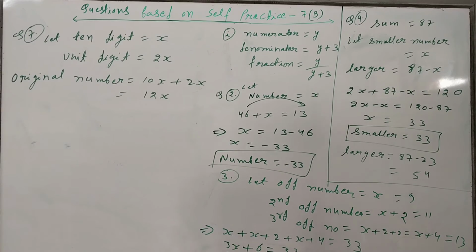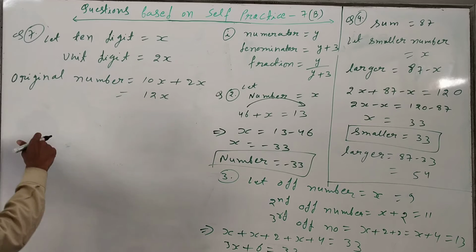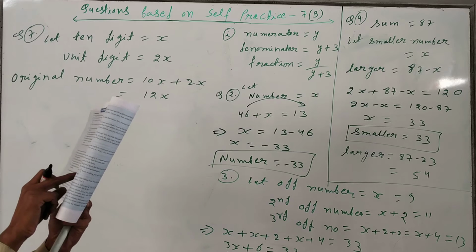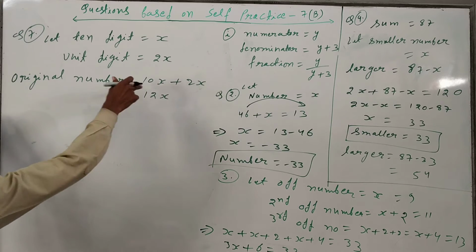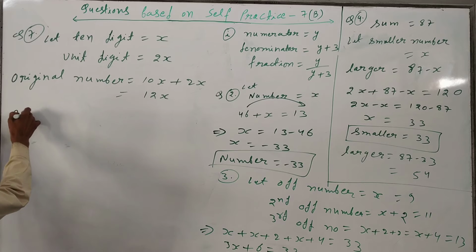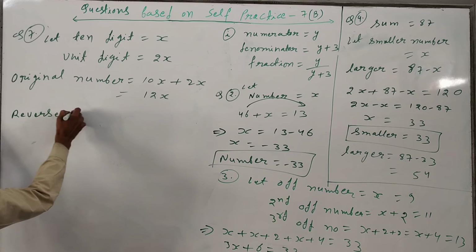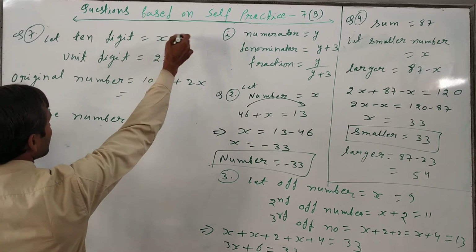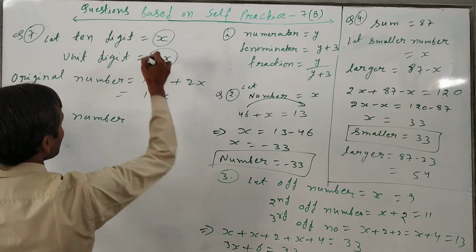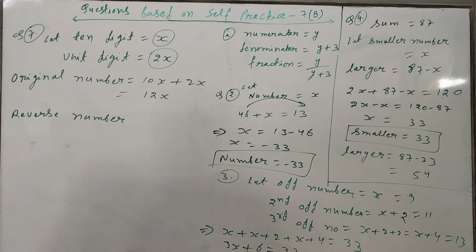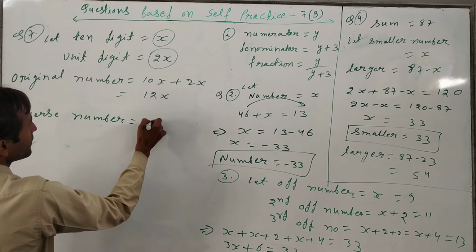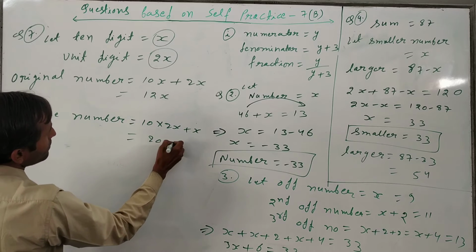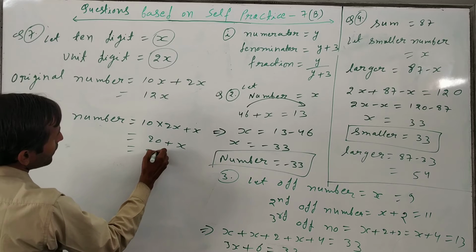Now it is given that when 27 is added to this number, it gets reversed. So first we have to find the reverse number. The reverse number means this one will be the unit digit and this one will be the tens digit. So we multiply 10 into 2x and then plus x, so it will come 20x plus x, which is 21x.